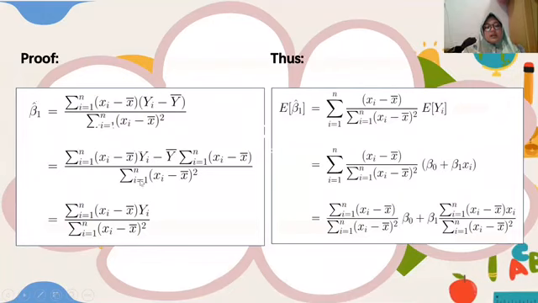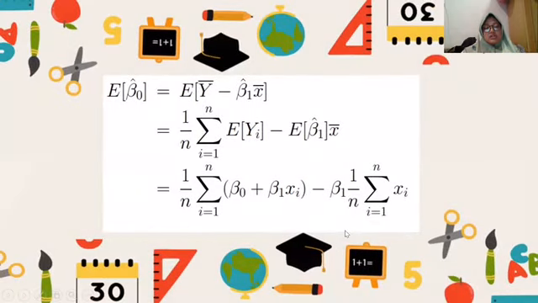The beta hat 1 we can calculate from the equation that we got from part 2, and the final answer for beta hat 1 is this. Thus we have the conclusion for the expected value of beta hat 1, and the conclusion of the expected value of beta hat 0 is this.